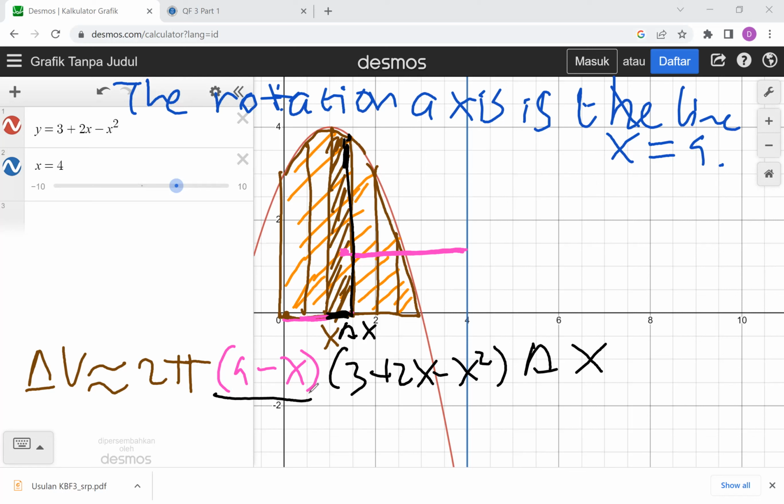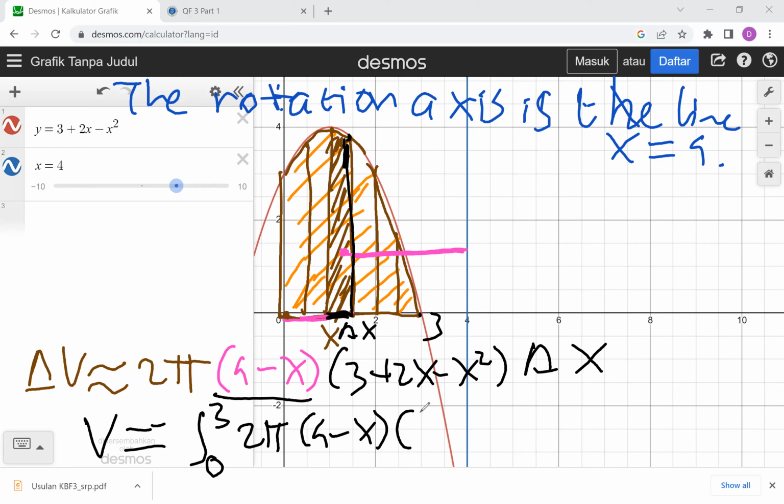All right. So after taking the summation and then the limit, you have the volume as the integral from 0 to 3 (this one is 3, right?) of 2 pi (4 minus x) multiplied by (3 plus 2x minus x squared) dx.